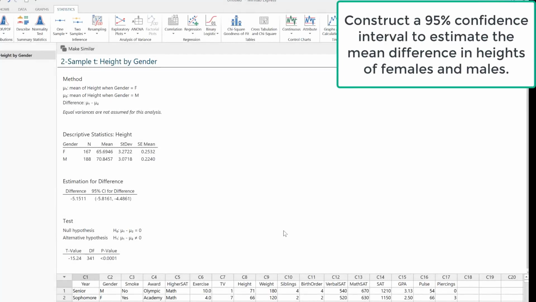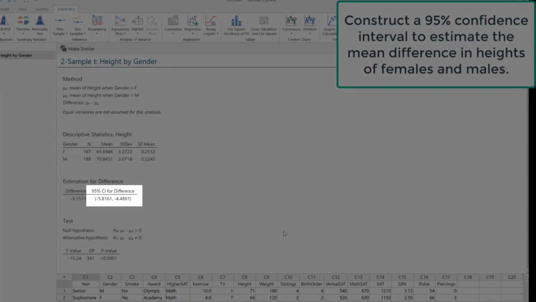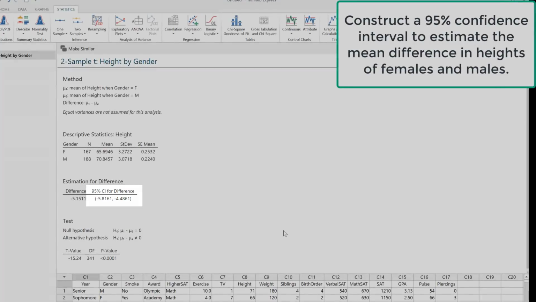On average, females are shorter, so our confidence interval is completely negative. I am 95% confident that in the population, the mean for females minus the mean for males is between negative 5.8161 inches and negative 4.4861 inches.